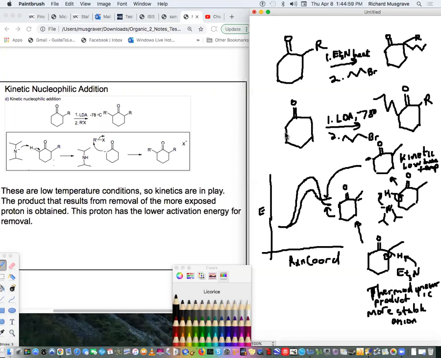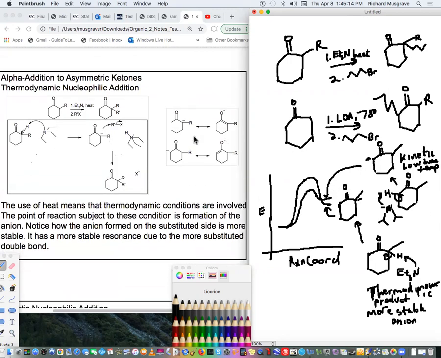I have a question about the last piece. Can you go back to where the carbanion was and you were comparing? Back up here. Yes.